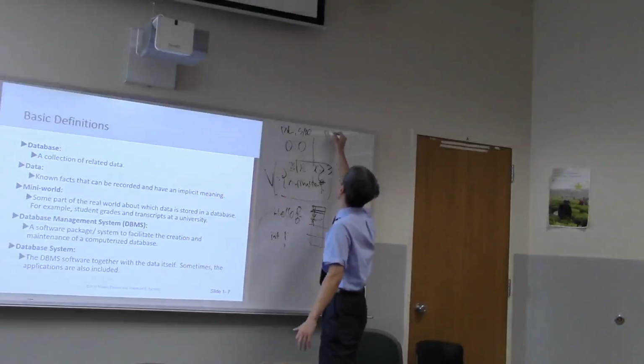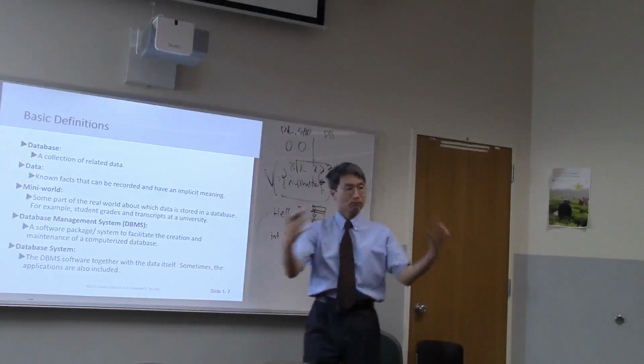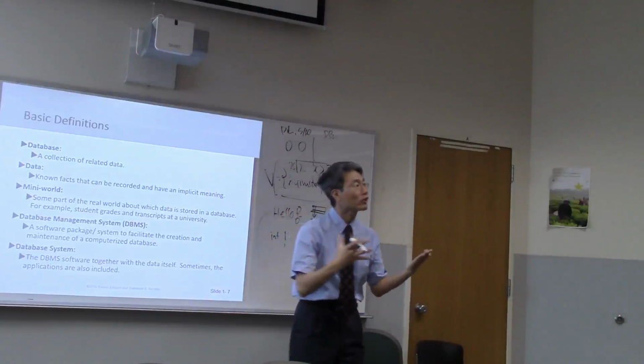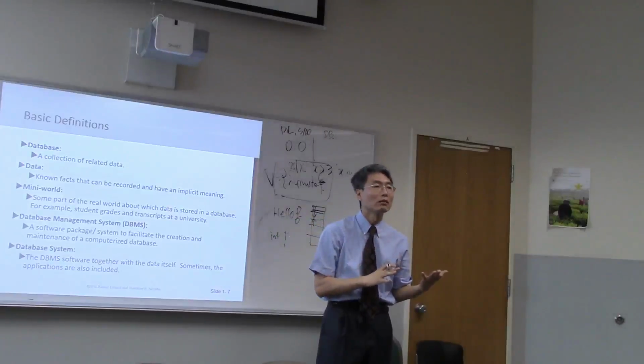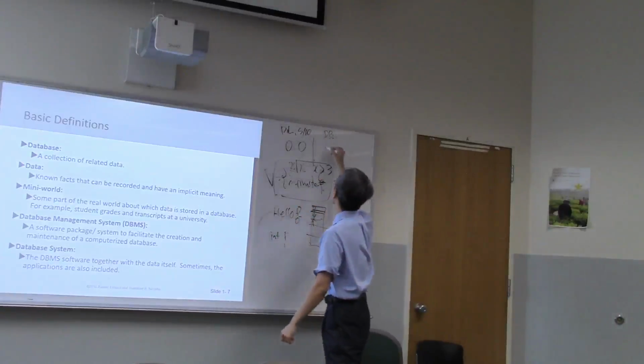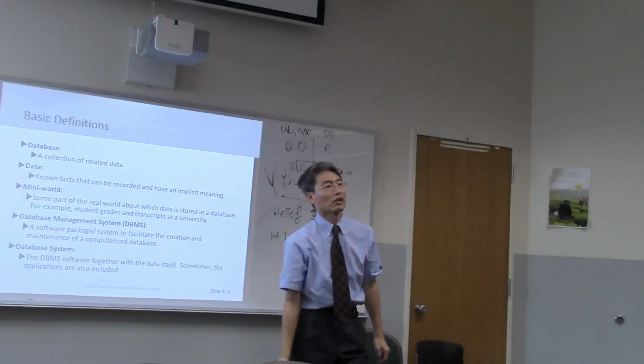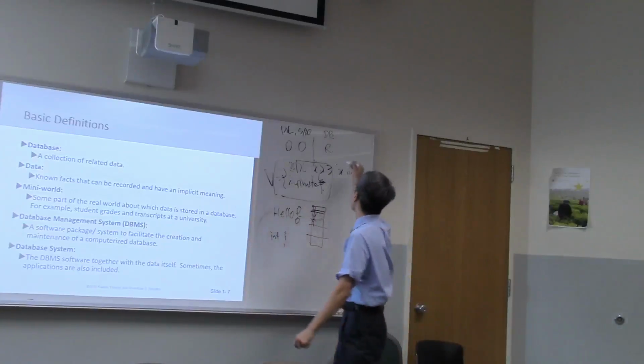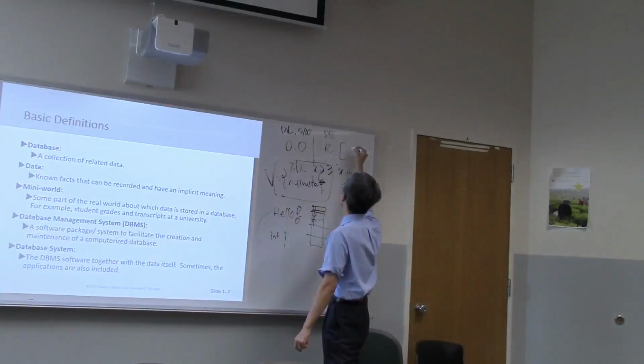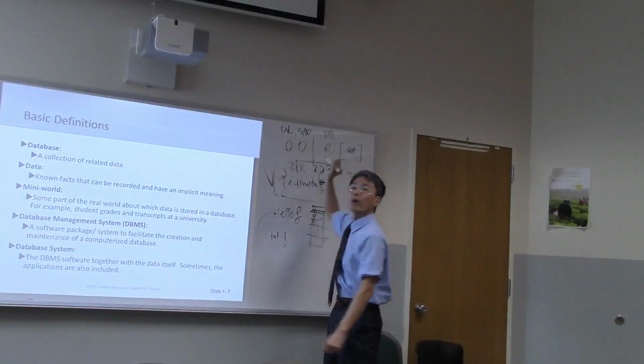However, in the database, there is an object-oriented model, but the majority is the relational model that we are going to learn in this class. This relational model considers data as a set, a group of data.